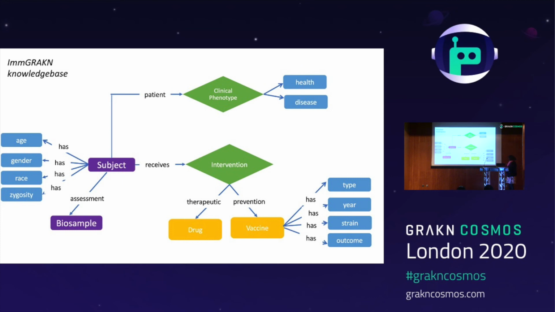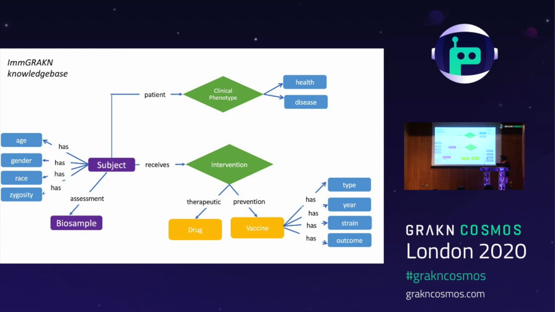And then on the vaccine side, I am trying to put together the vaccine type, year, strain, and outcome. And outcome in this space is the antibody titers that you get after the subjects are vaccinated. So under biosample, we get a lot of data on the molecular side: DNA or sequencing data, mRNA, protein, cells, and then microbiome.